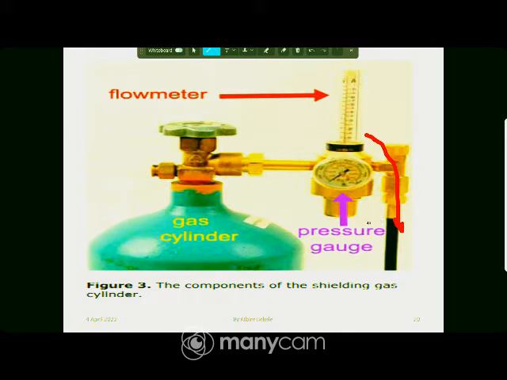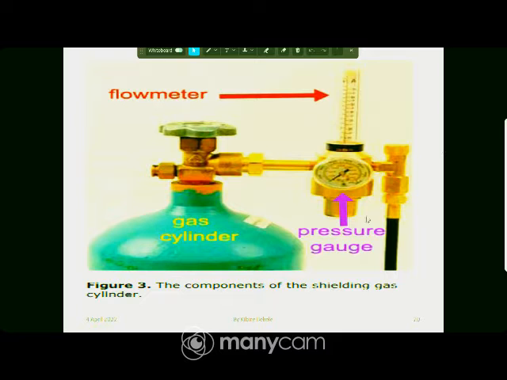And there is also the pressure gauge here, which indicates the amount of gas in the cylinder. So these are the equipment used in the gas metal arc welding process.